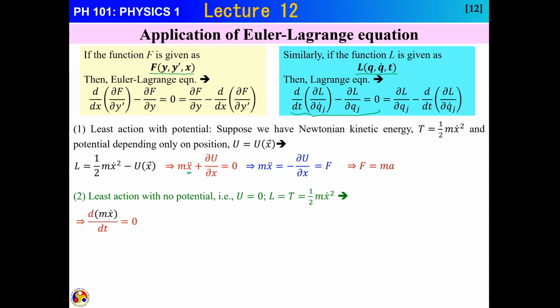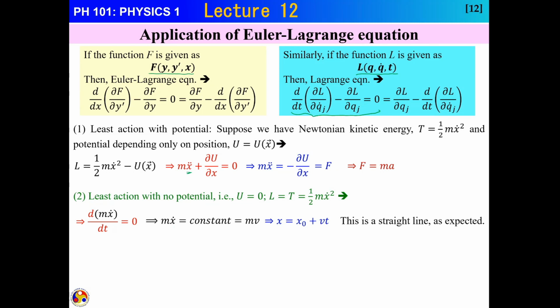If this is 0, my m x dot should be a constant. So let me take the constant as something like mv. So m can be cancelled. So I will get x dot equal to v, or if I integrate it, x equal to x naught plus vt. This is simply a straight line that you normally expect.